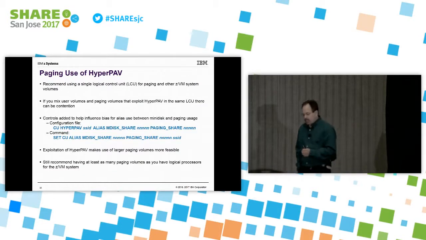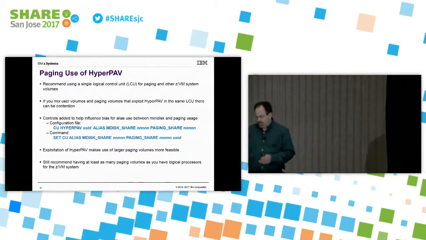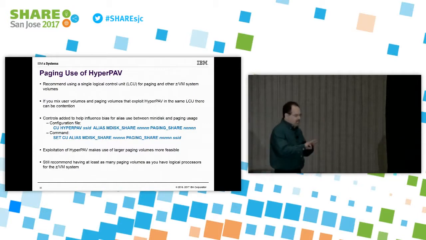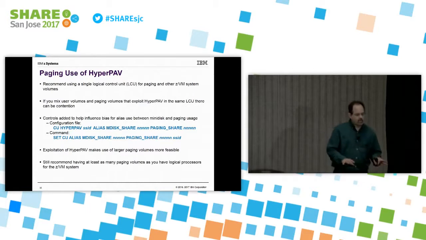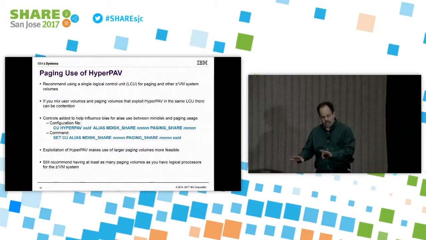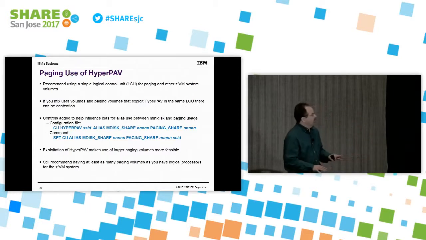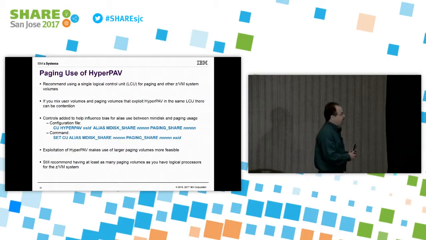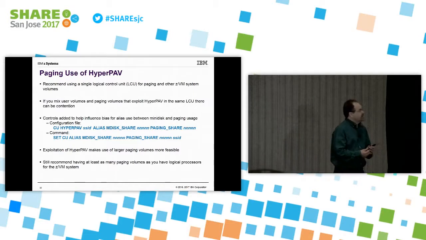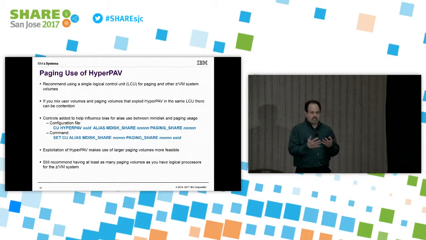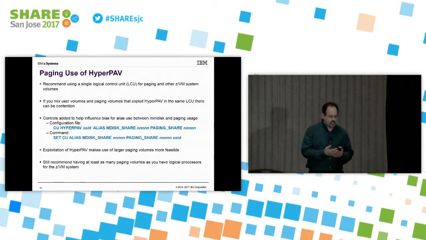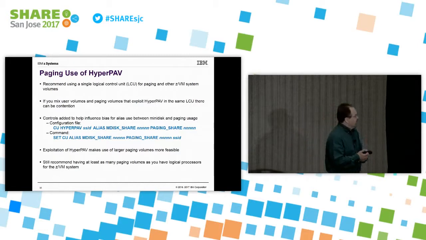If you're going to use this for paging I/O, we recommend having separate logical control units for your paging or your system volumes and for your minidisk volumes. We've supported HyperPAV for minidisks for a while, so that's already there. If you mix them on the same logical control unit, you could have contention.